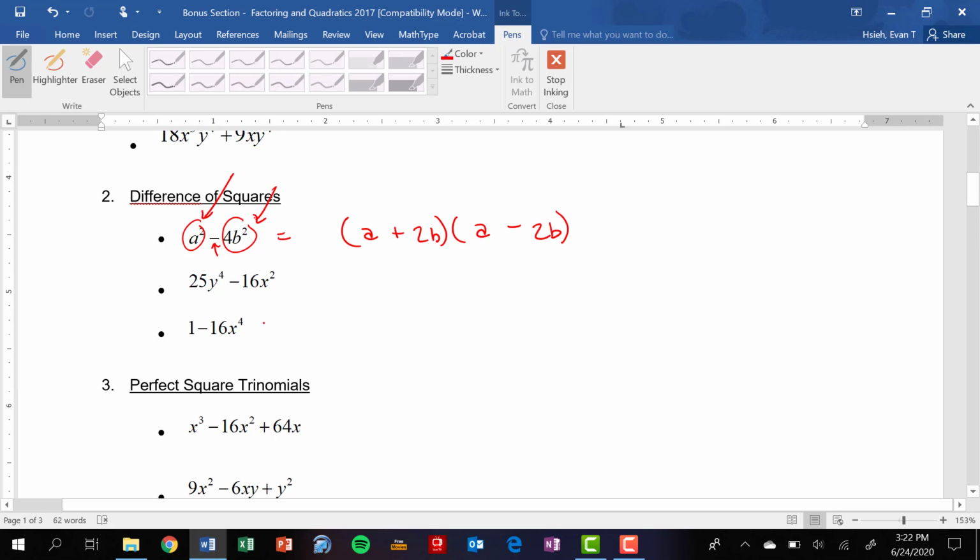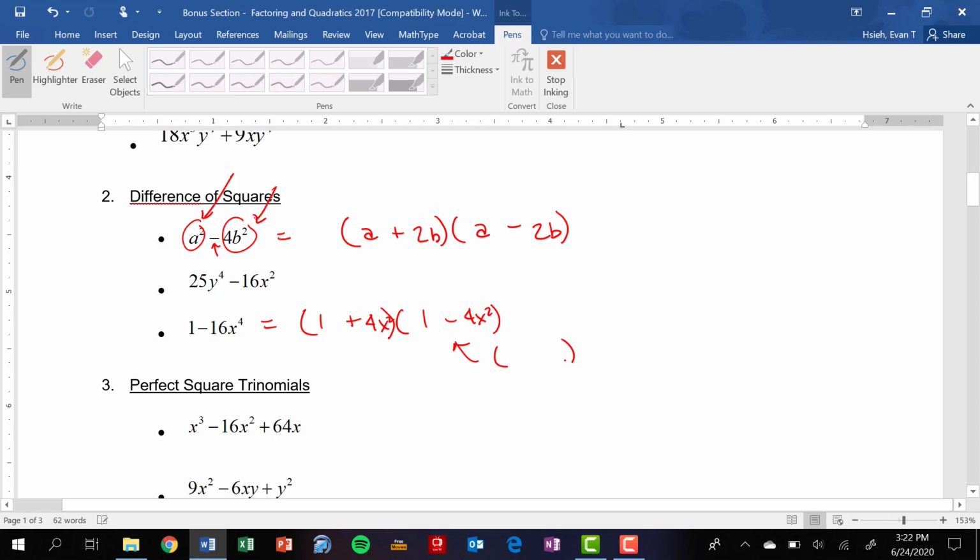Let's take a look at something like this. This would be, okay, plus and a minus. 1 and a 1 goes here. 1 times 1 is 1. 4x squared and 4x squared is going to give me 16x to the fourth. Now you have to ask yourself, are you done here? And the answer quickly is no, because this is also a difference of two squares.